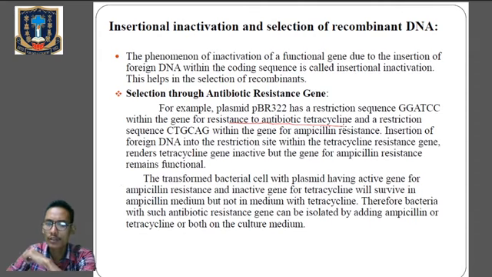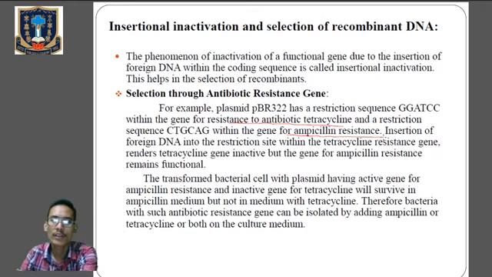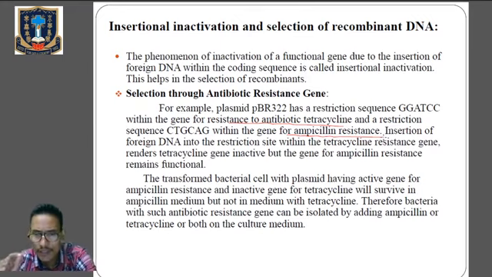Clear? Similarly, we also have the restriction sequence CTGCAG within the gene for ampicillin resistance. So vector pBR322 has resistance to both ampicillin and tetracycline. Clear? So a normal vector pBR322 has the property of ampicillin resistance and tetracycline resistance. Now, insertion of foreign DNA into the restriction site.